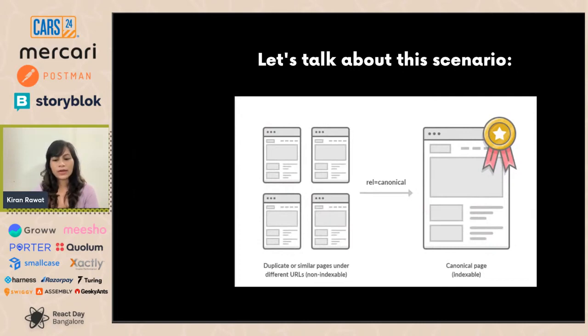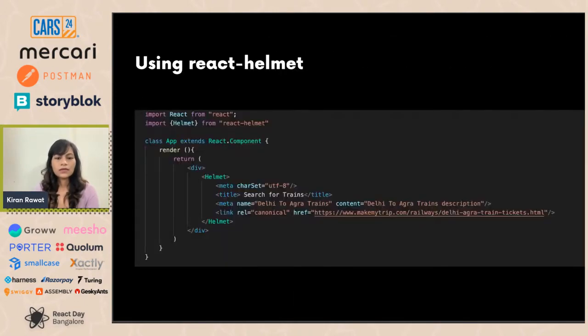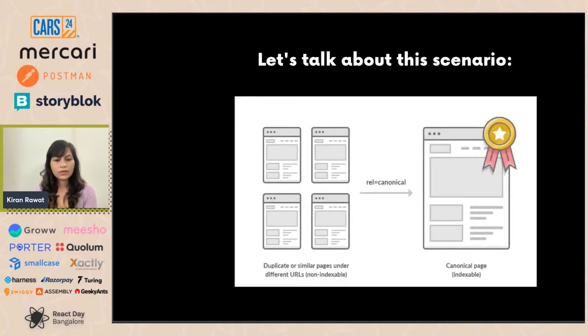We can provide a canonical page which becomes indexable. Using React Helmet, in the link tag we can provide canonical, and in the href we can give the main content, which is represented by the duplicate content. By this we can remove this issue.